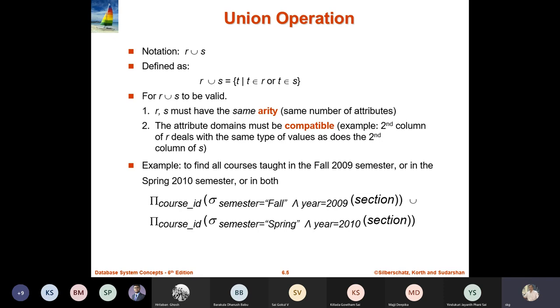For example, to find all courses taught in the fall 2009 semester or in the spring 2010 semester, or in both. So we want to find those courses which are taught in either autumn 2021-22, or in spring 2021-22, or taught in both.